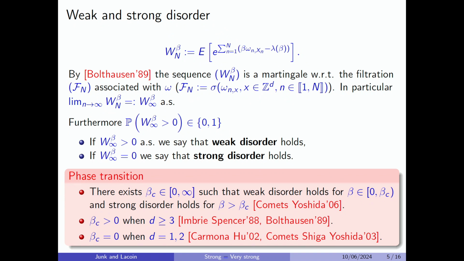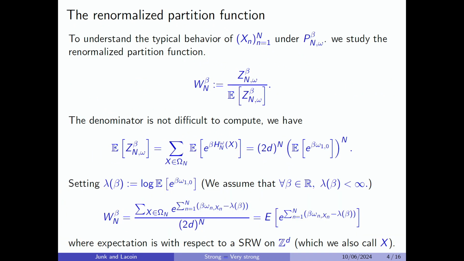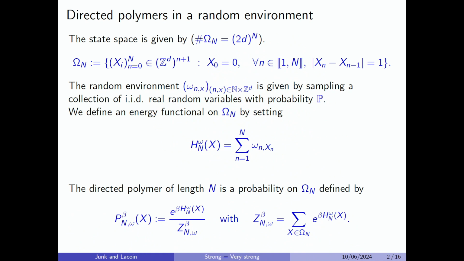Now, let's look back at Zn. Zn is a sum of Gibbs weights, and these Gibbs weights are the exponential of the sum of IID variables. So each of the Gibbs weights is typically much lower than its expectation, because the exponential of a sum of IID variables is typically much lower than its expectation.